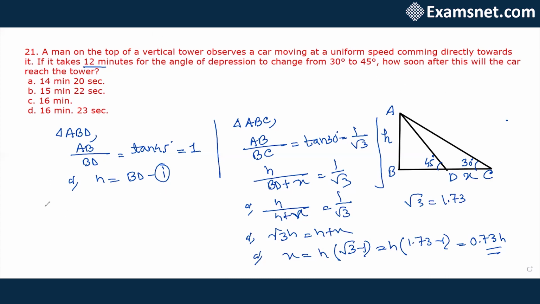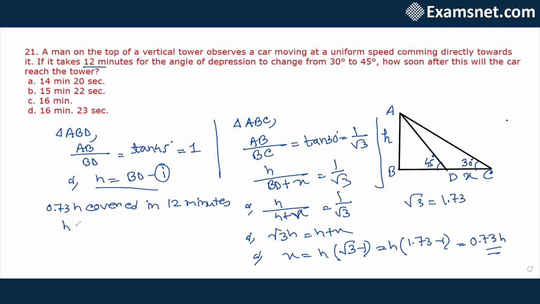So we can say that 0.73 H is covered in 12 minutes. And the car needs to come H meter because BD equals to H meter.